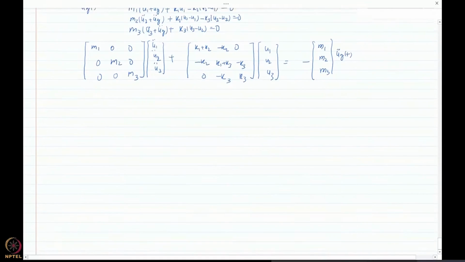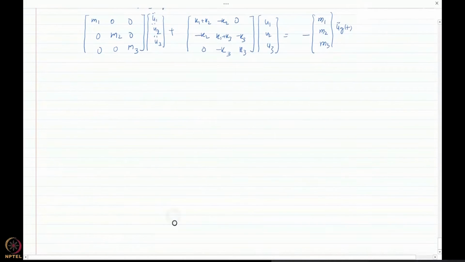Okay, so what did we say? We said that this can be further written as mass times acceleration vector plus stiffness times displacement vector, and this can be written as minus mass times the influence vector times u_g(t).